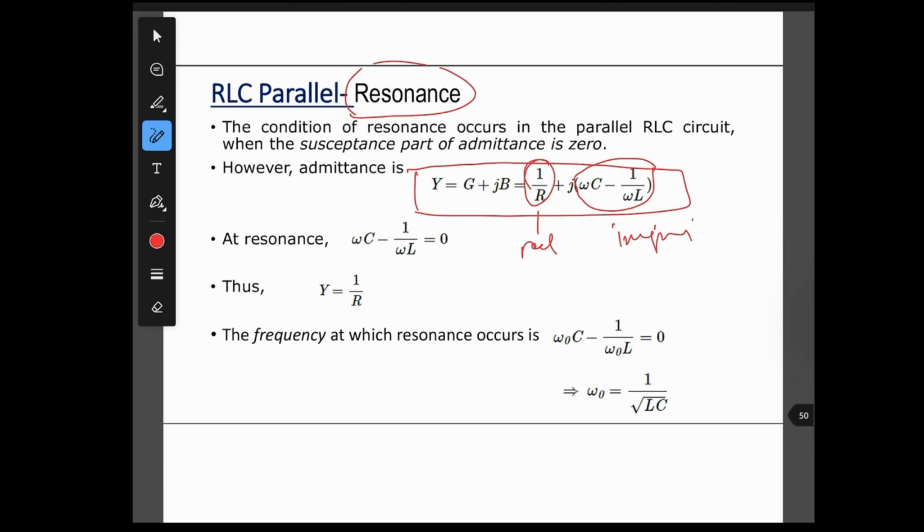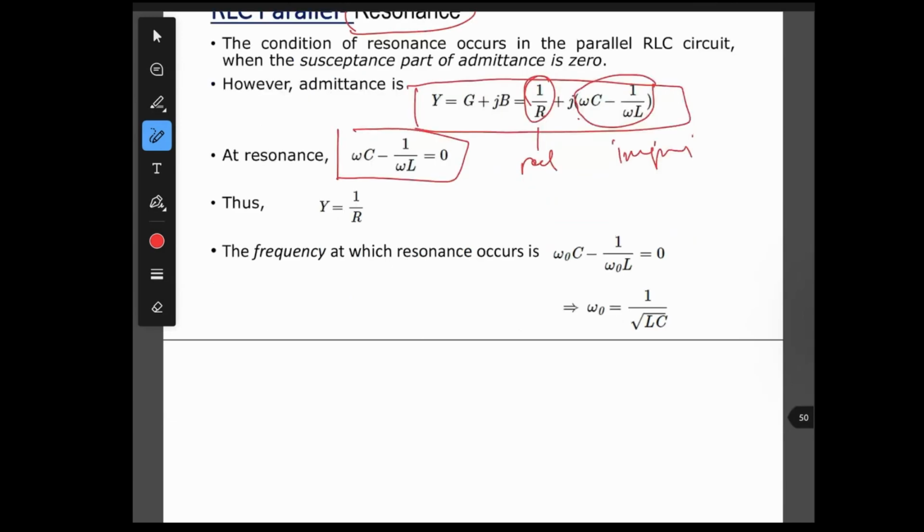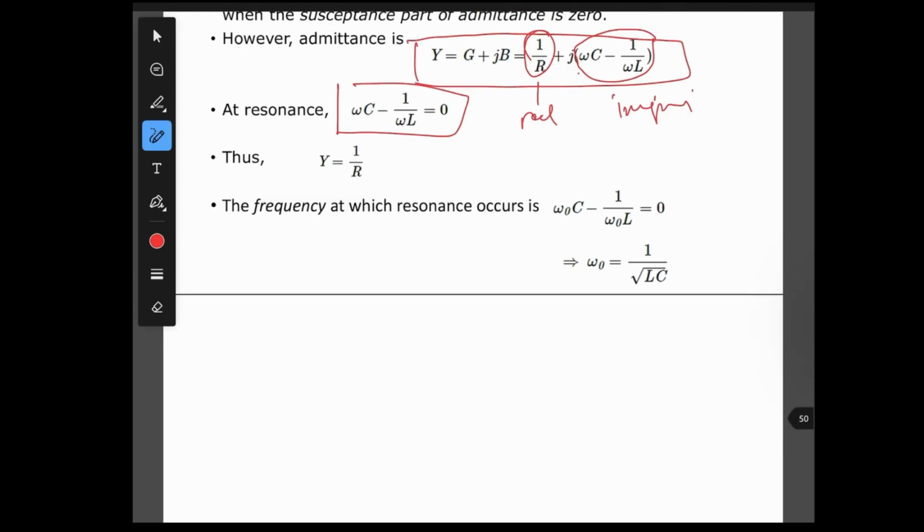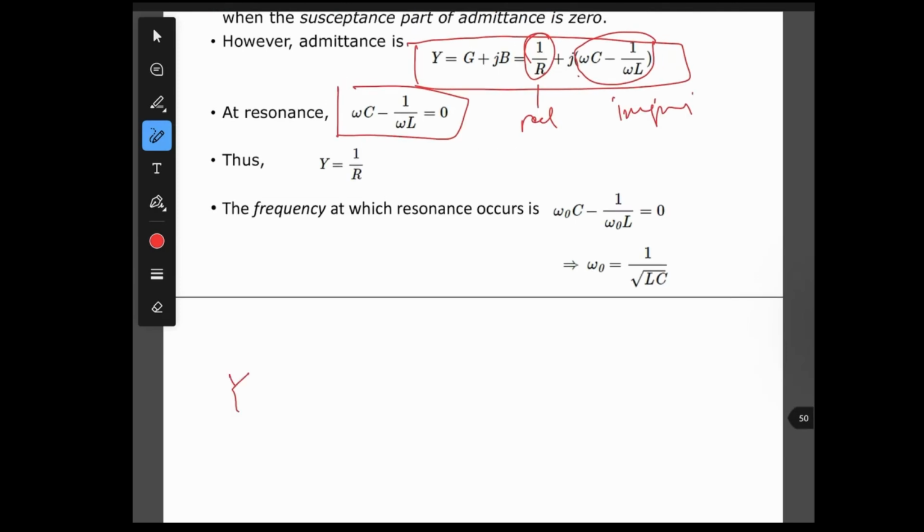So we just take omega C minus 1 over omega L equal to 0. Then when we equate it, Y equals 1 over R plus J times omega C minus 1 over omega L.